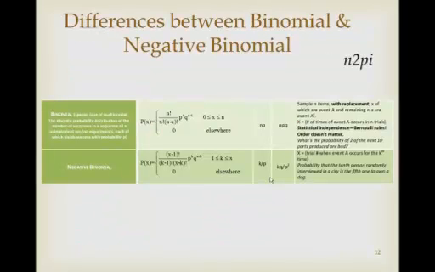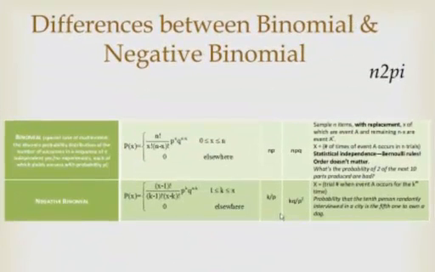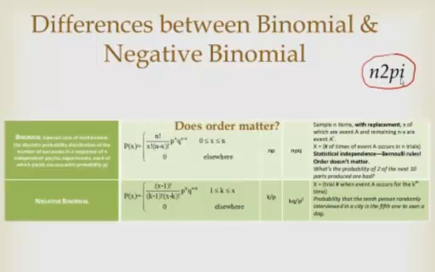Okay, so let's look at the flat out differences between the binomial and the negative binomial. First, let's bring up our little mnemonic, N2PI. If we're looking at the binomial, does order matter? Well, no, it doesn't matter at all. From that perspective, we've got Bernoulli doing just fine.